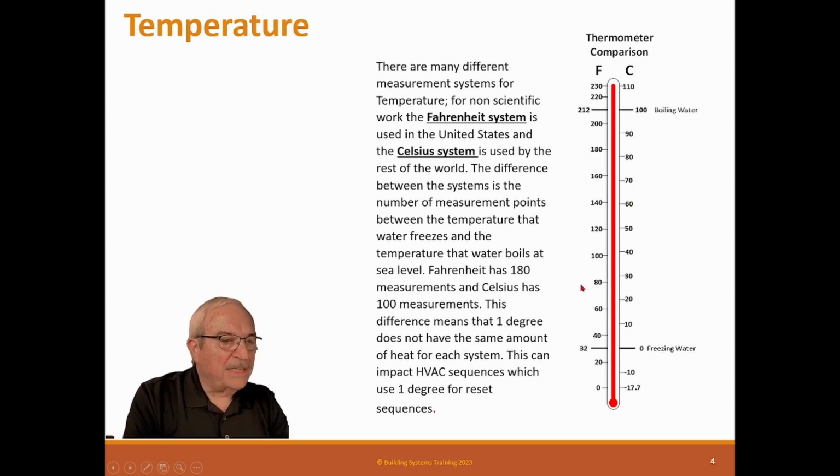The reason that's important to know is that 1 degree on the Fahrenheit scale does not have as much heat as 1 degree on the Celsius scale. A lot of times in controls, when we're talking about a sequence, we're using 1 degree as the discriminator. They're not the same, so you have to understand that things can happen differently if you convert to Celsius than Fahrenheit.